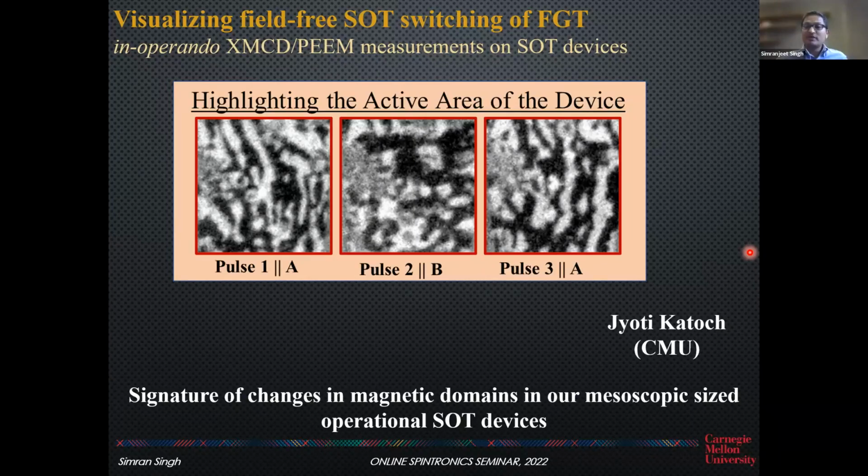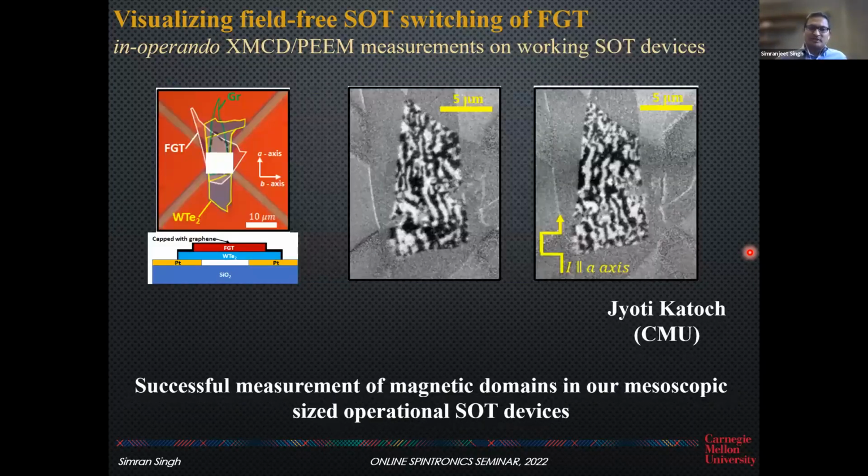Yeah, you're right. That's what I was saying, that we couldn't apply any out of plane magnetic field, because to begin with, we cool down, we have these domains, but we couldn't saturate into out of plane, pointing up or down, because we cannot apply an out of plane magnetic field.